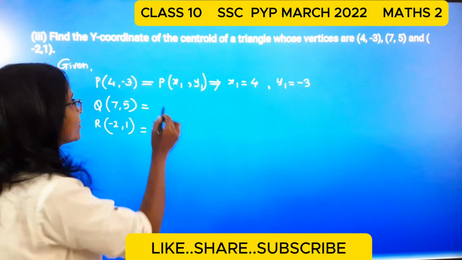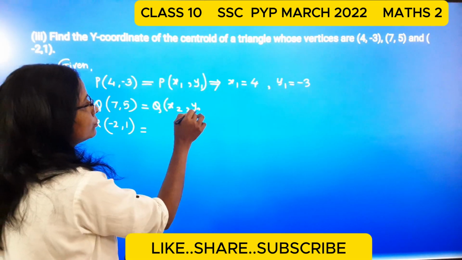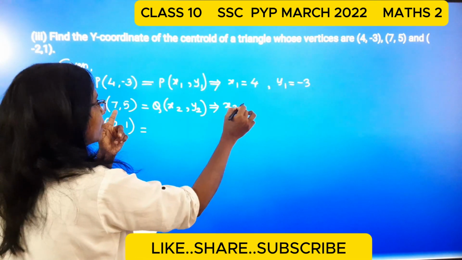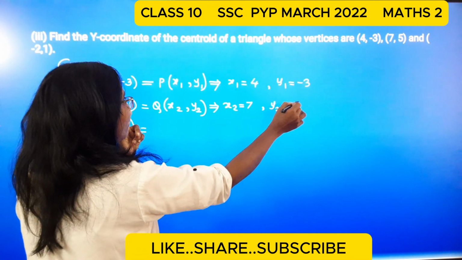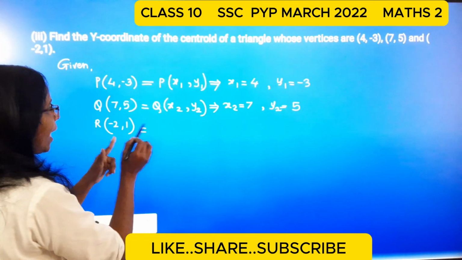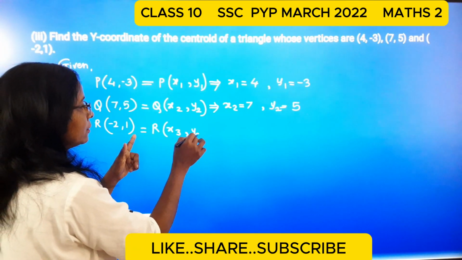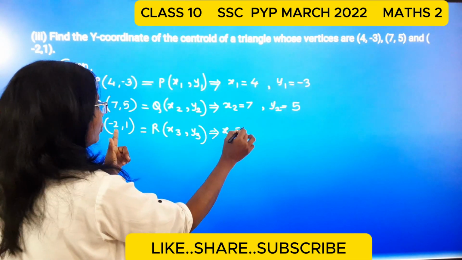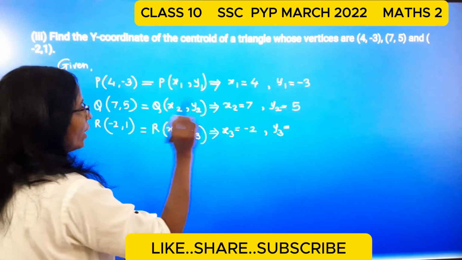Then here students, Q considered as x2, y2, then it implies that x2 is equal to 7, y2 is equal to 5. Then consider R as x3, y3, and it implies that x3 is equal to minus 2 and y3 is equal to 1.